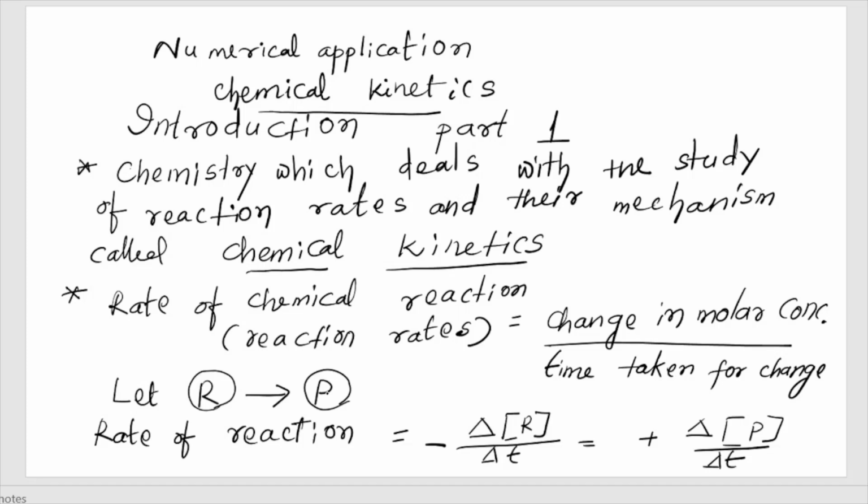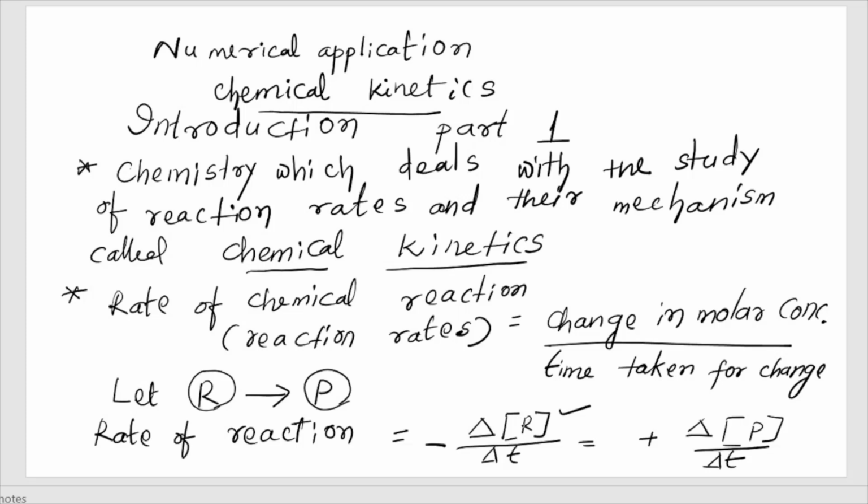Here you see minus delta of the molar concentration of R, and plus delta of P, divided by delta T. What does this mean?